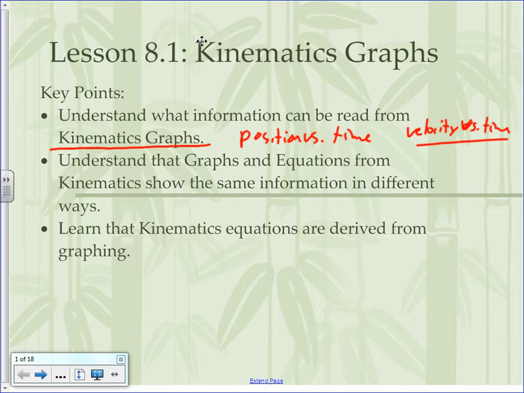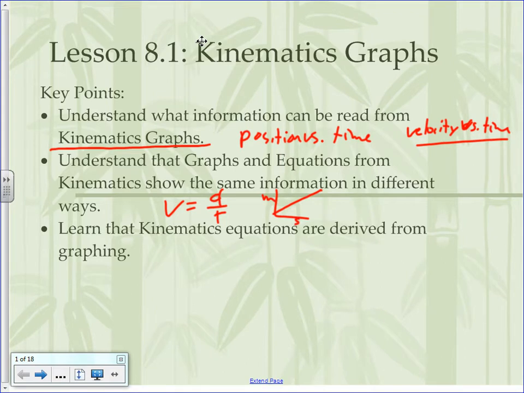Understand that graphs and equations from kinematics show the same information, but they show it in different ways. For example, you saw yesterday that v equals d over t is essentially the slope of a line on a graph that has meters and seconds on it.